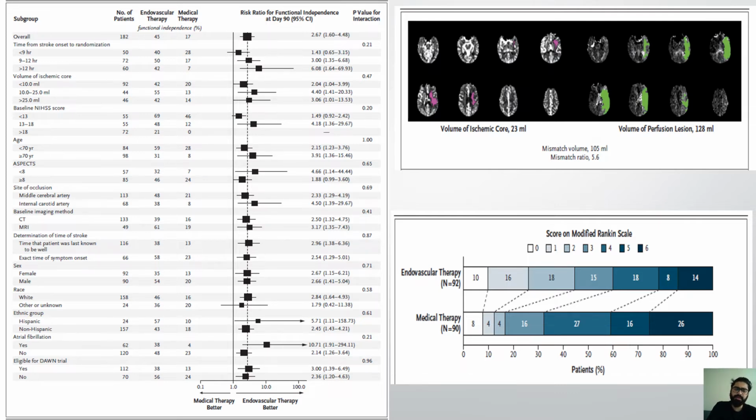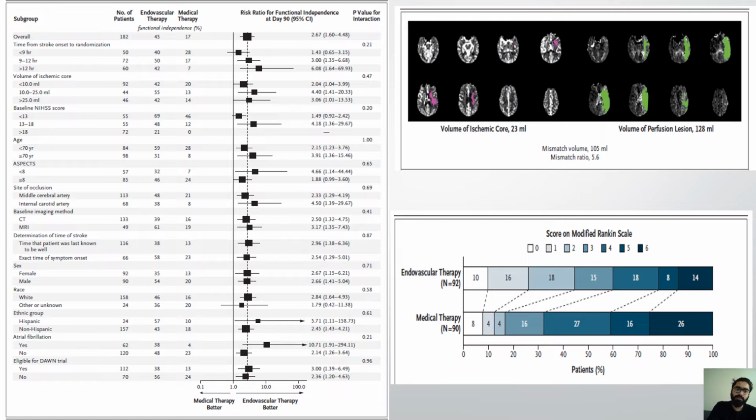So the DEFUSE 3 trial, if you see on these forest plots as well, they have divided and checked different variables, including time from stroke onset, which they have divided into less than 9 hours, 9 to 12 hours, and greater than 12 hours. All these time windows are favoring the outcome.